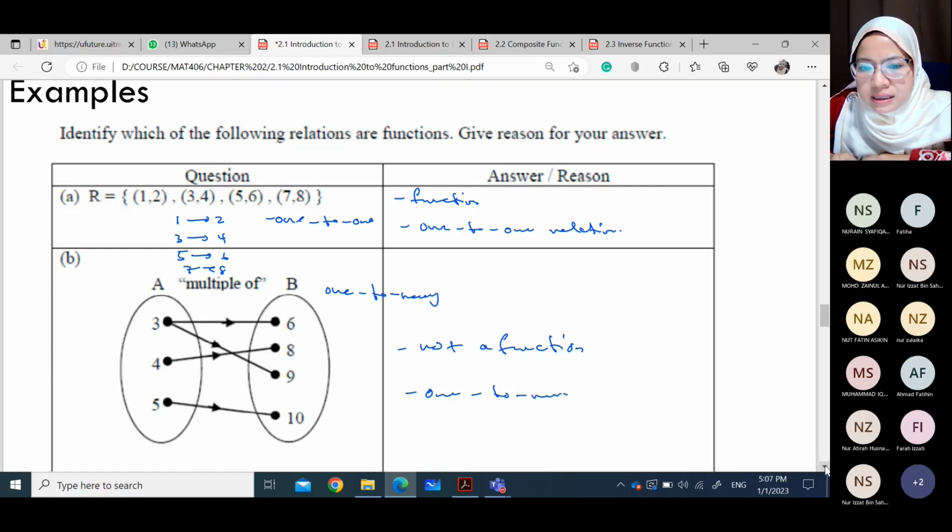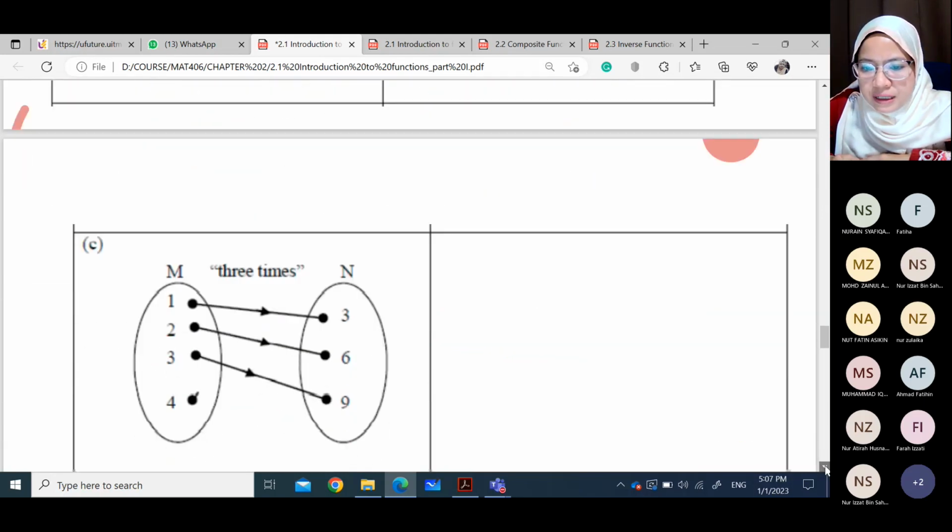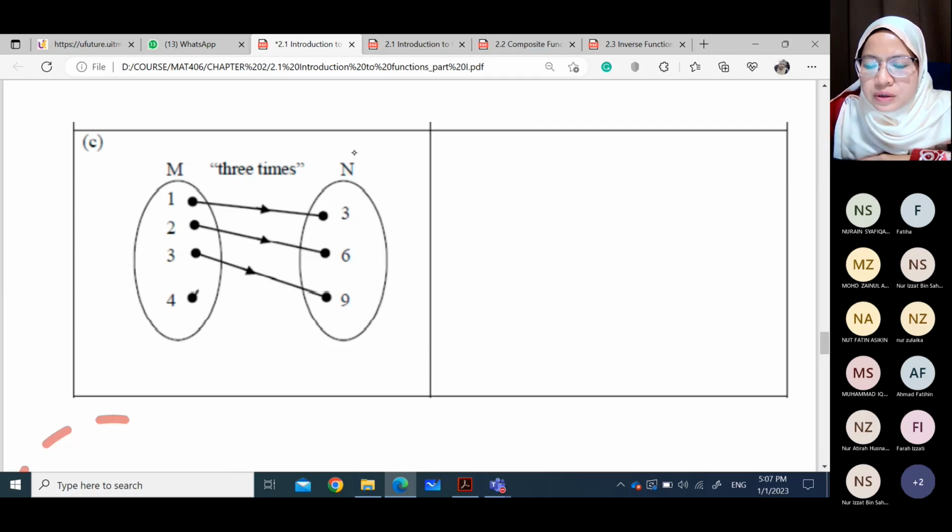Okay, next we look at C. In C, we have M and N, where M is our object and N is our image, or M is the domain and N is the codomain. Based on this, it is a 1-to-1 relation, so this one is a function.